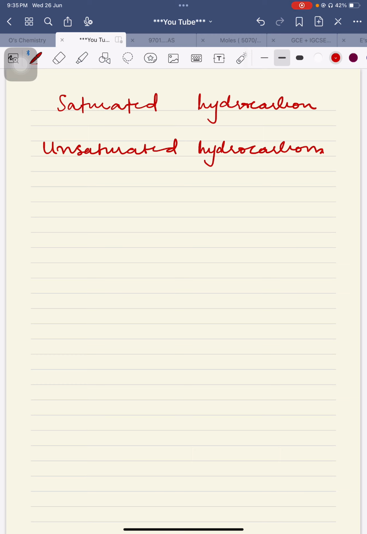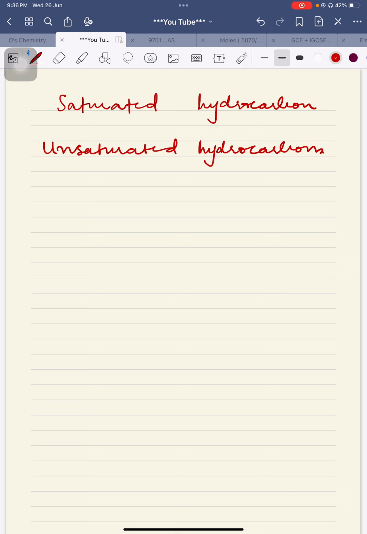Saturated hydrocarbons and unsaturated hydrocarbons. These are the two terms which are very important from the paper point of view. Guys, let me inform you very clearly: saturated hydrocarbons are alkanes only, whereas unsaturated hydrocarbons are alkenes and alkynes as well.